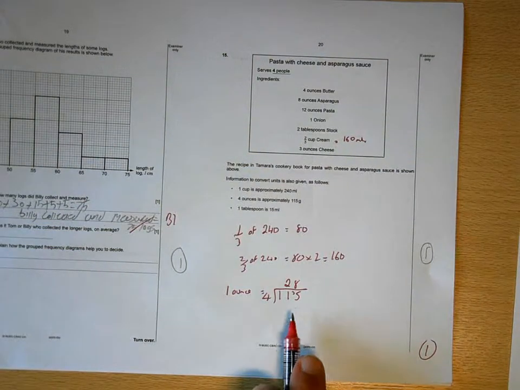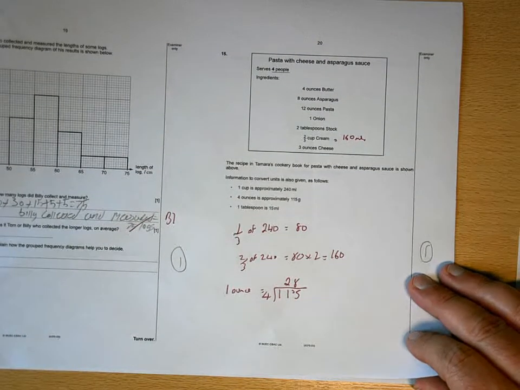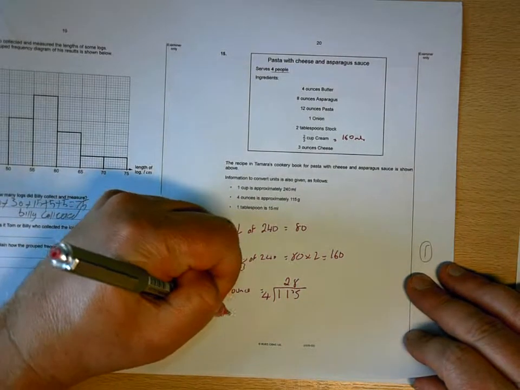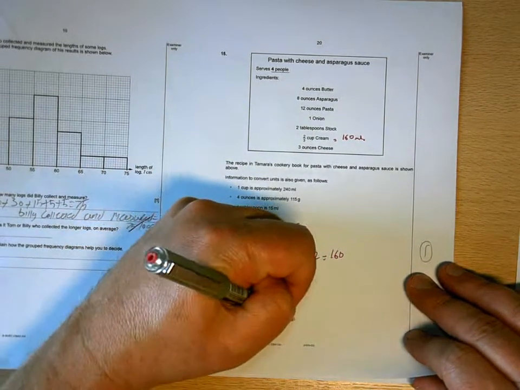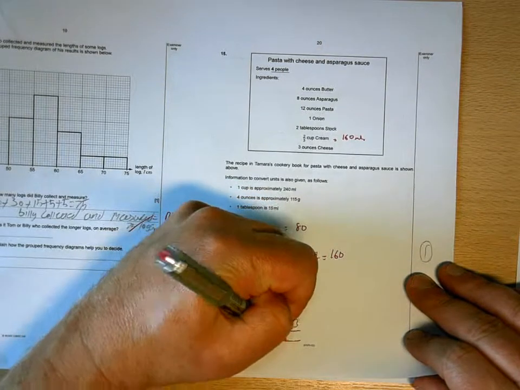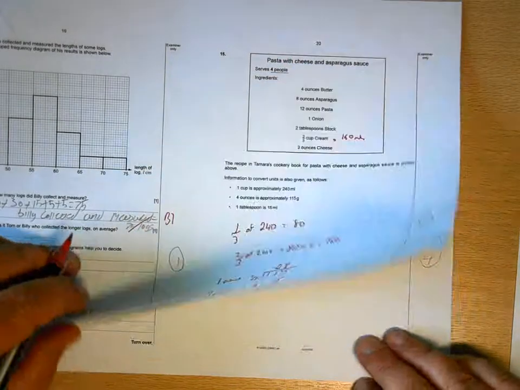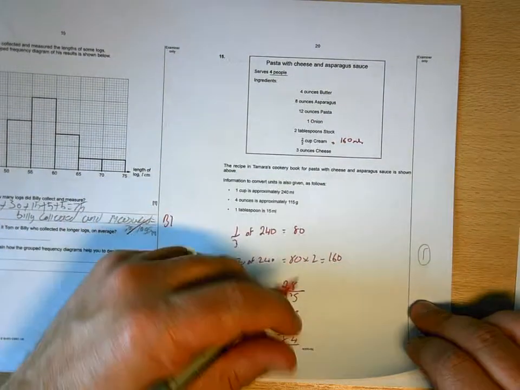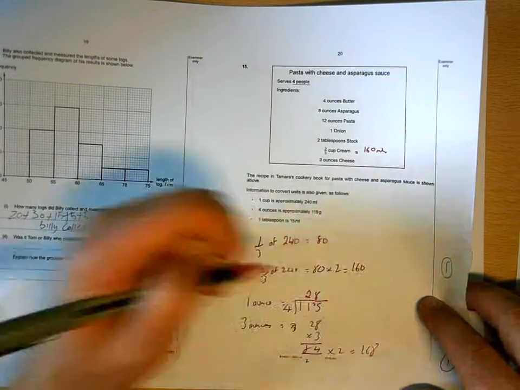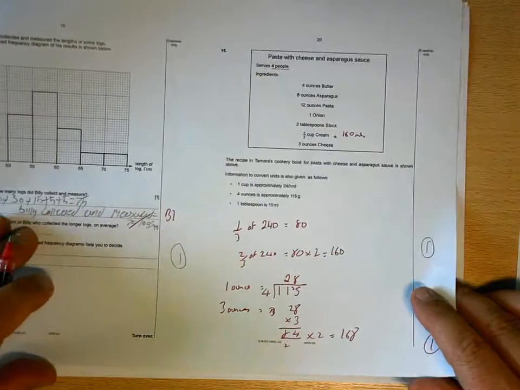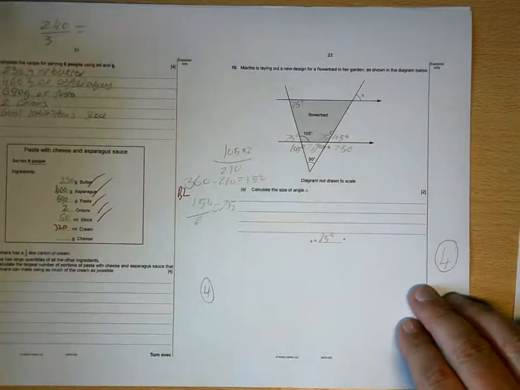So it doesn't go exactly, but it's only approximately anyway. So 1 ounce is approximately 28. 3 ounces will be 3 lots of 28. 6, 8. So it's about 84. And then you would have to double it for 8. So 84 times 2 is about 168. So you'd be looking for 168 there.